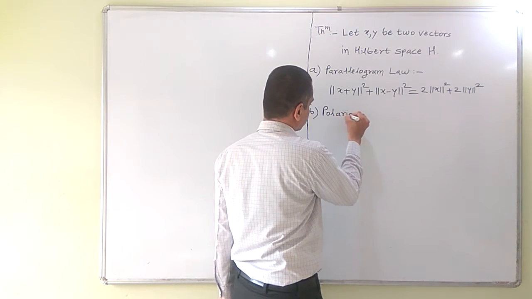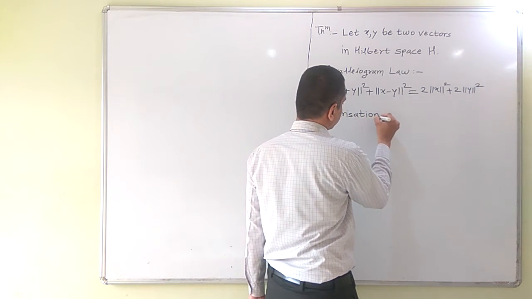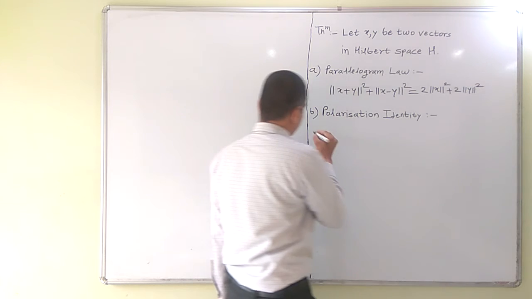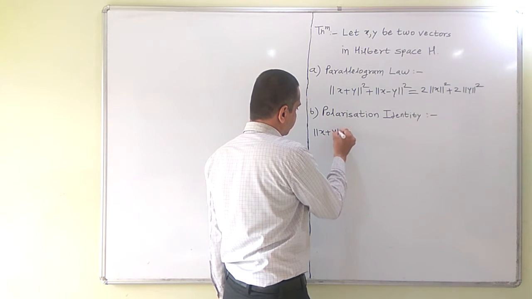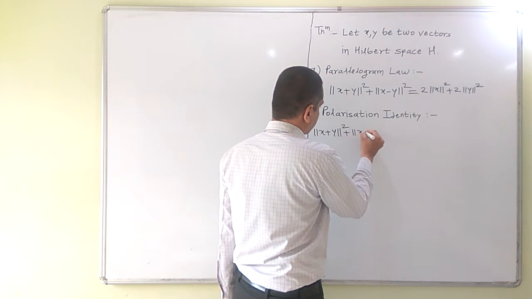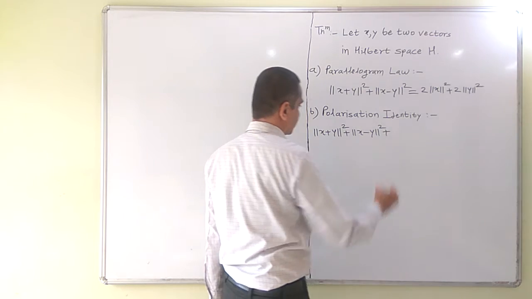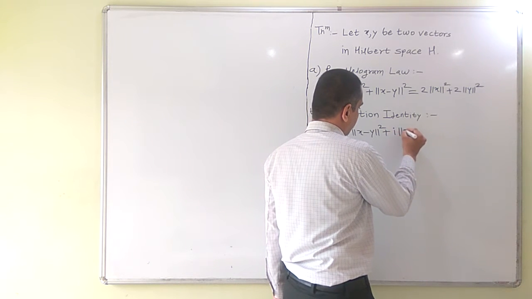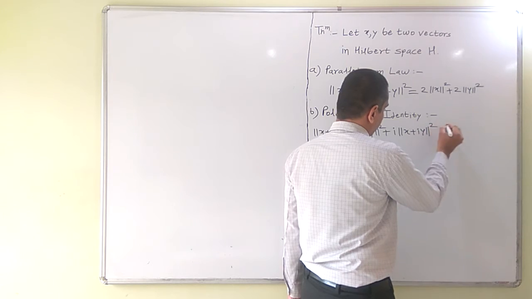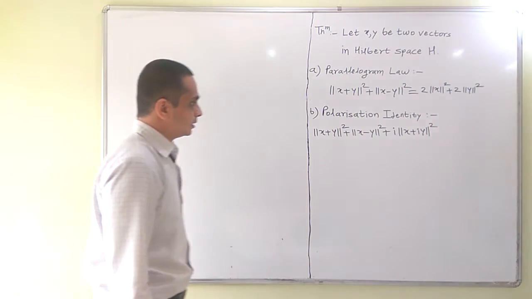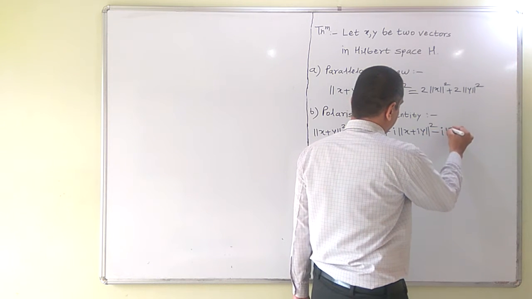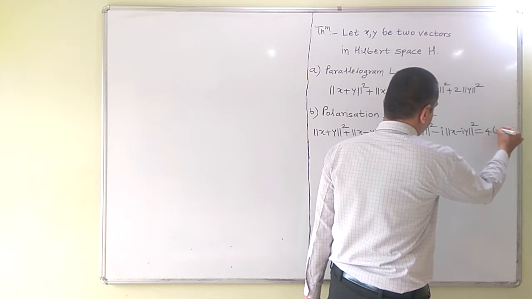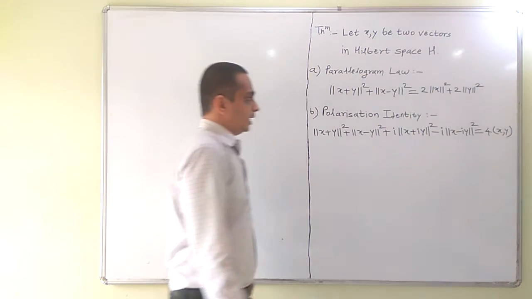Polarization identity. It is norm of x plus y square plus norm of x minus y square plus i times norm of x plus iy square minus i times norm of x minus iy square equals 4 times inner product of x and y.